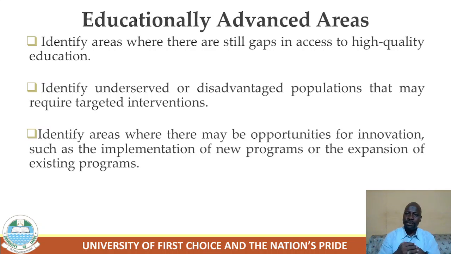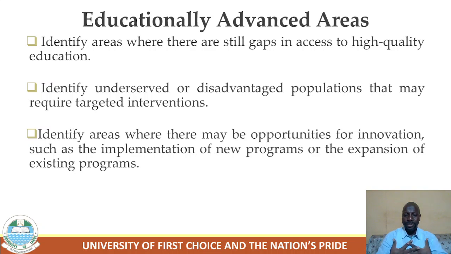Because the areas are advanced educationally already. So, of what essence do we still need to carry out school mapping exercise? School mapping exercise is still relevant in educationally advanced areas because we can use it to identify areas where there are still gaps in access to high quality education.